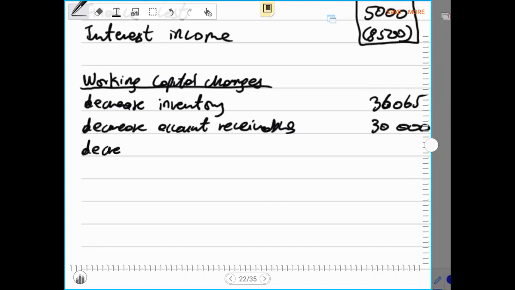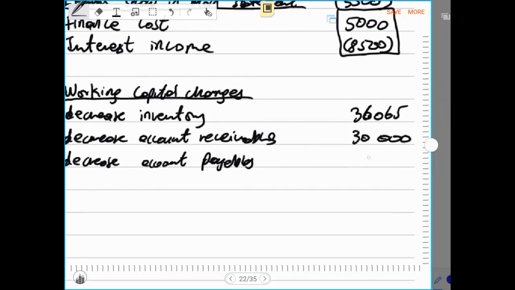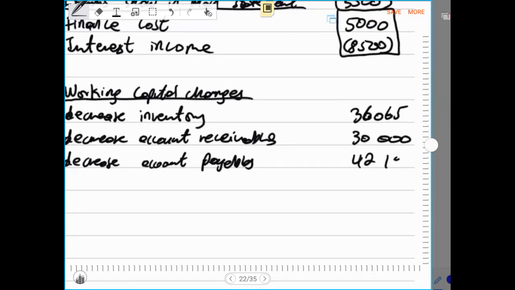All these elements decrease, but although they decrease, the effect is recorded differently. This decrease in account payables will be 42,190 rand, indicated as negative because there is outflow of cash because of the payment of our account payables.